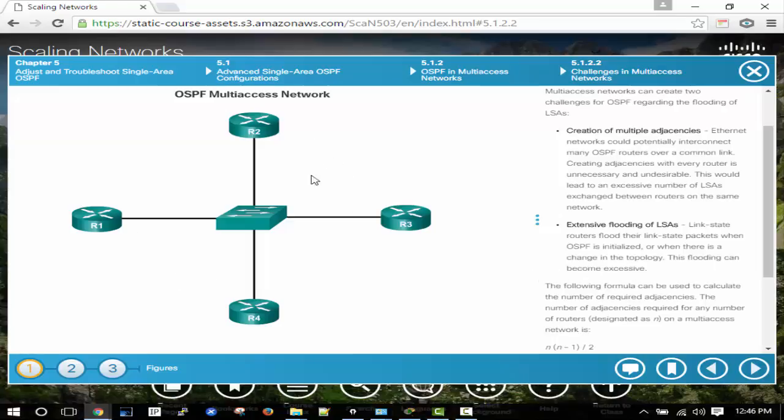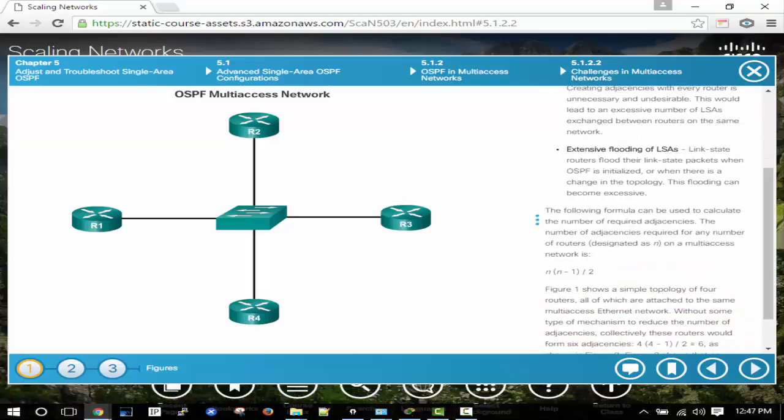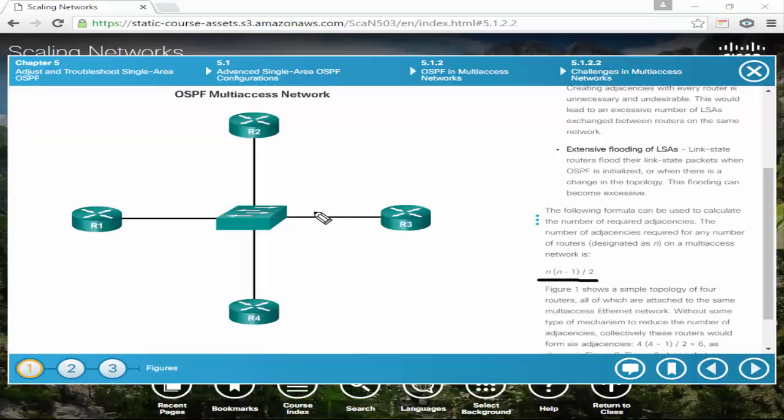So the more adjacencies we get, the worse our performance is. And maybe you guys remember this formula for calculating adjacencies: n times n minus 1, divided by 2, where n is the number of routers, I'm sorry. So the number of routers times the number of routers minus 1, divided by 2, tells us how many adjacencies we have.